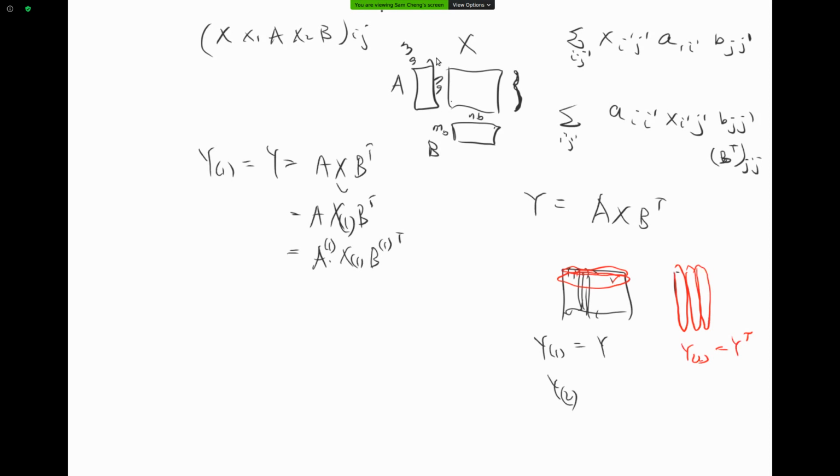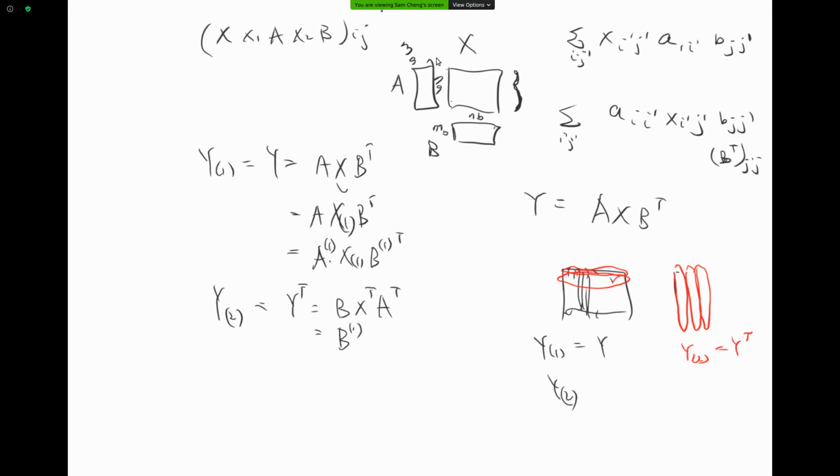And for the mode 2 matricization, Y2 is equal to Y transpose, which is equal to B X transpose A transpose.